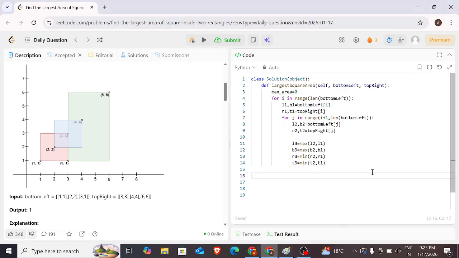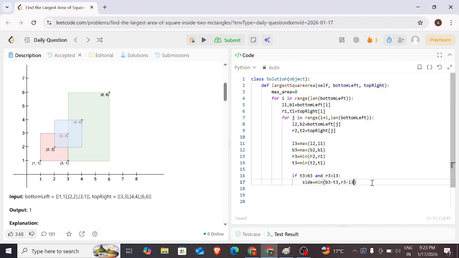So we will be setting that condition: if T3 is greater than B3 and R3 is greater than L3, then side is equal to the minimum of T3 minus B3 comma R3 minus L3.